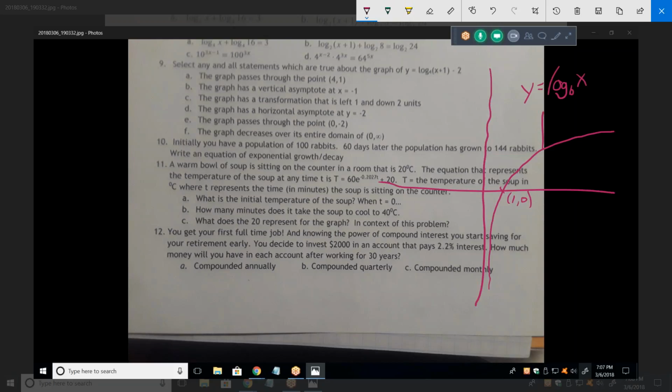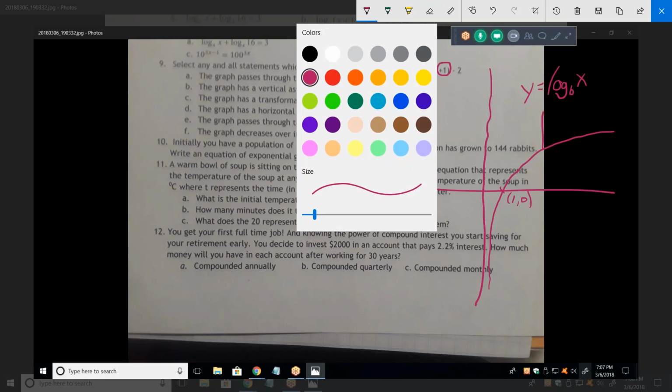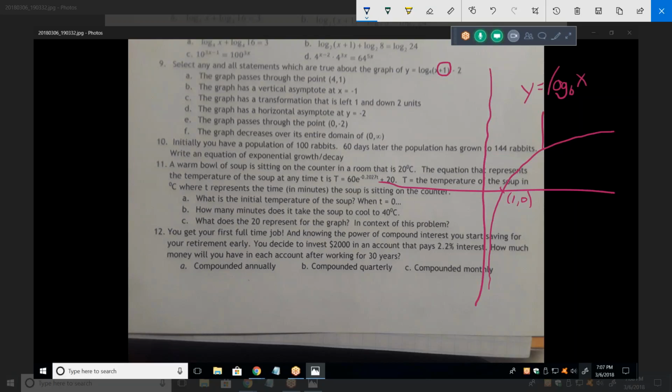Okay? So ours is a translation of that. So let's figure out what our function's going to look like. What does that do? So that moves the graph to the left 1. Since our only reference point here is this point, I'm just going to move it over to here. The other reference point is our vertical asymptote.